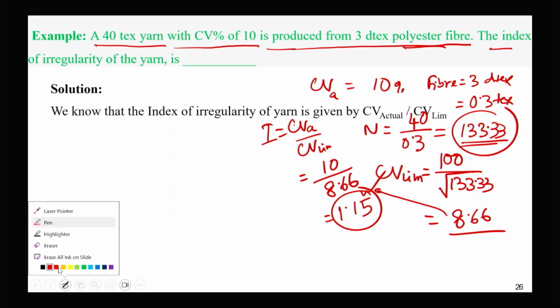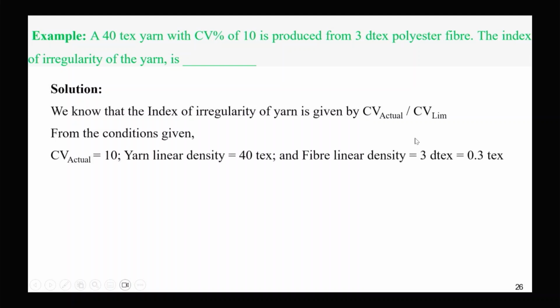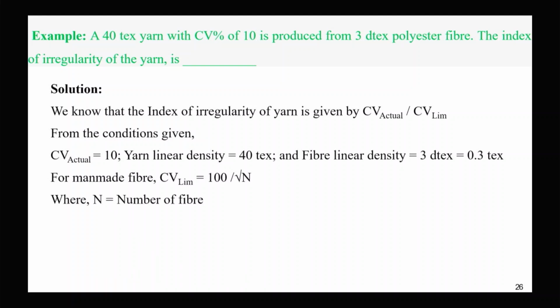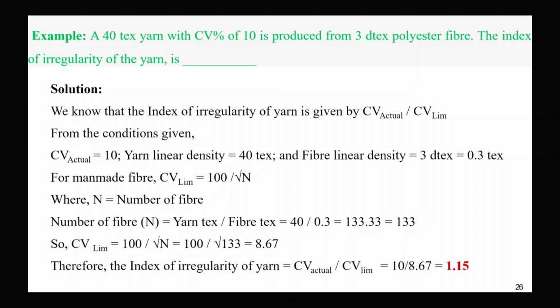You can see here the actual CV is given, the fiber tex is calculated, the number of fibers is 133, the CV limit is calculated, and the index of irregularity is 1.15.